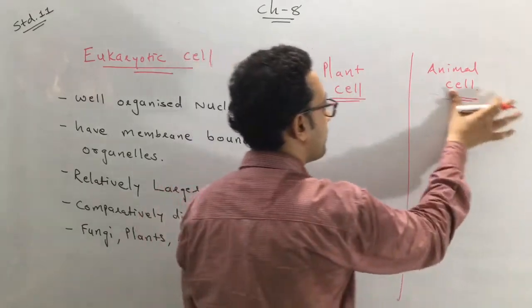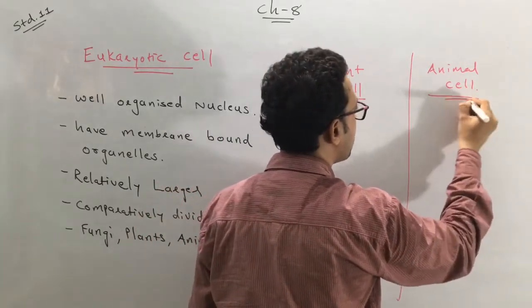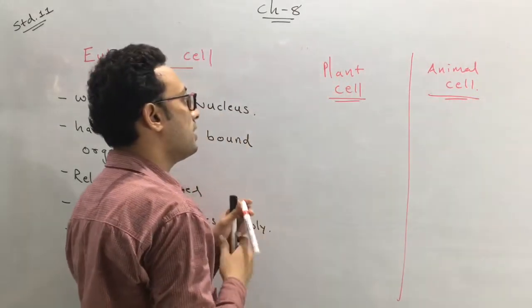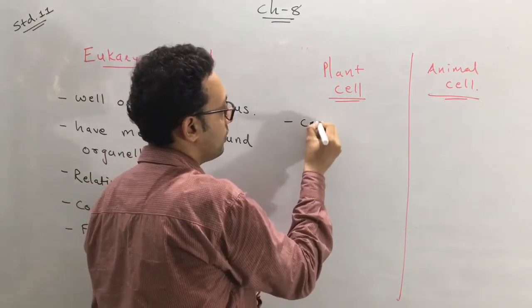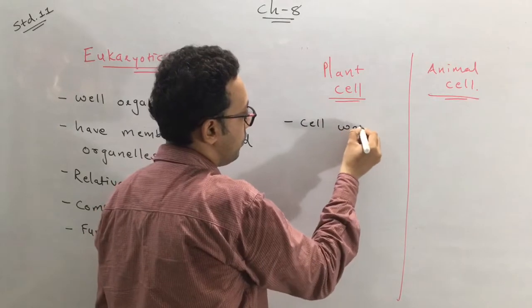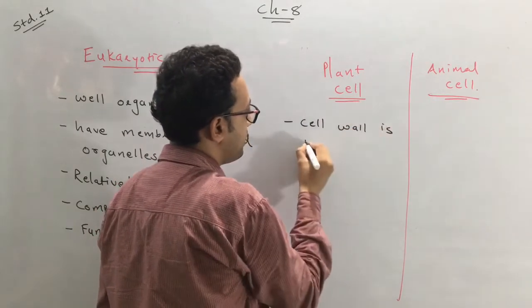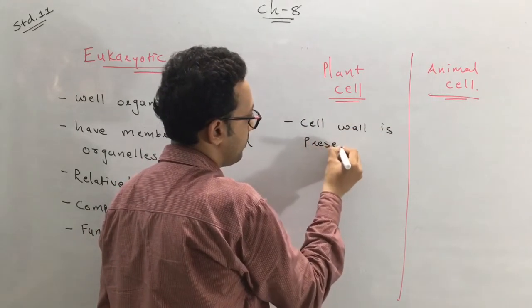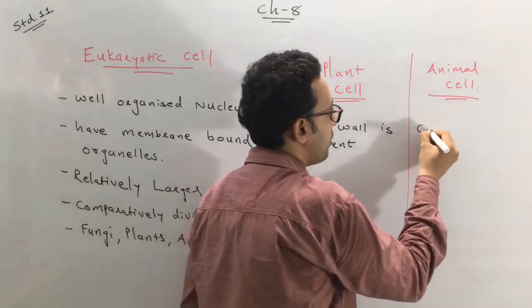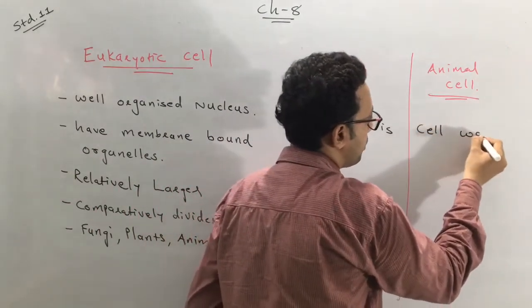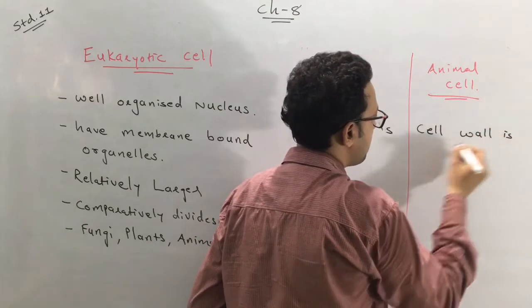The first difference: in a plant cell, there is a presence of cell wall. So I write down, cell wall is present. In animal cell you cannot find a cell wall. So cell wall is absent.